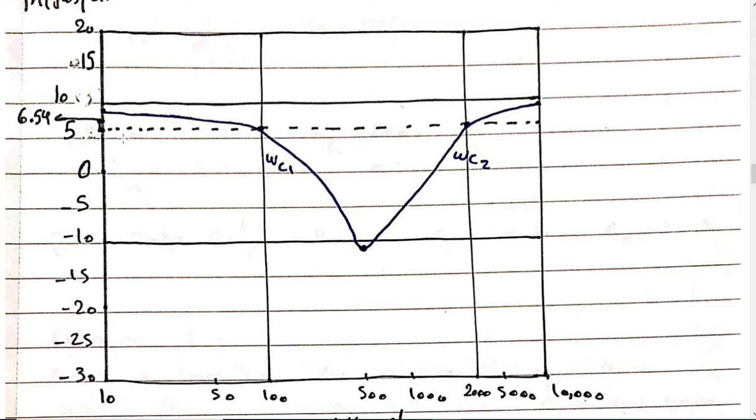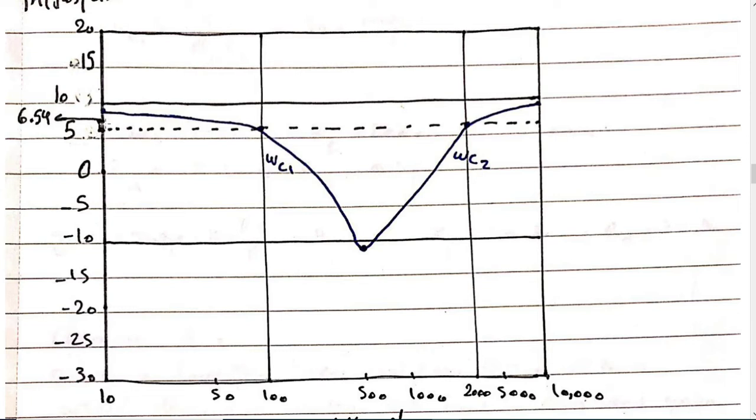Is that clear? If you want to convert it to dB, 1 over square root of 2 is negative 3. The units on the y-axis here are in dBs. So if you have the maximum value over here, 3 dB you go down, and you will get the value for the cutoff frequencies.